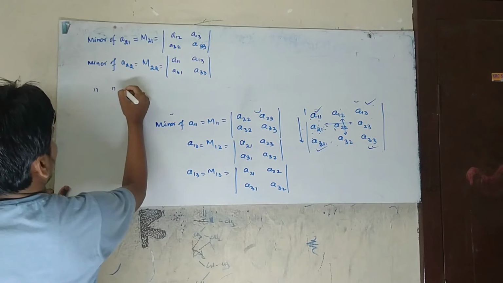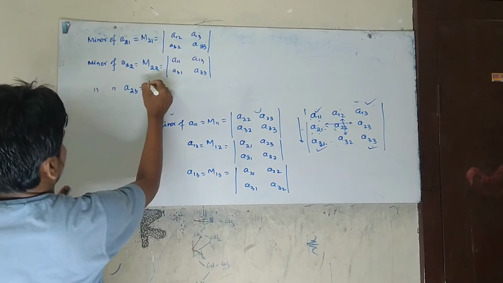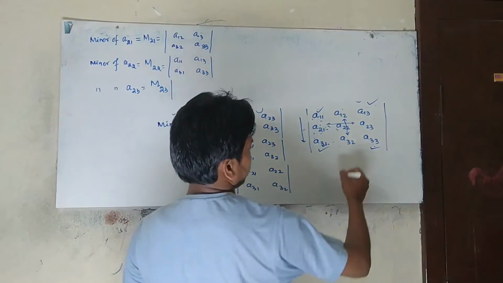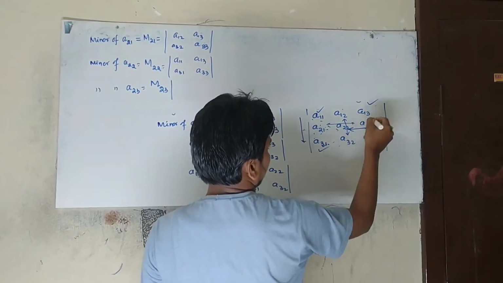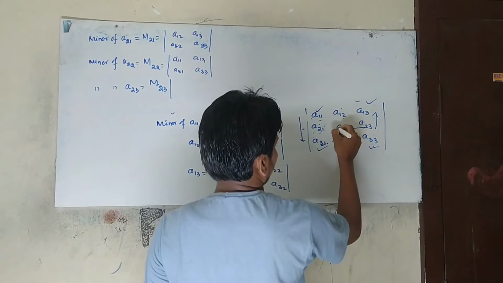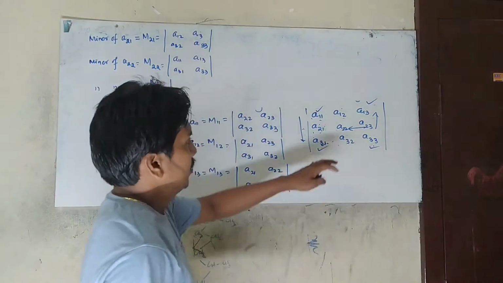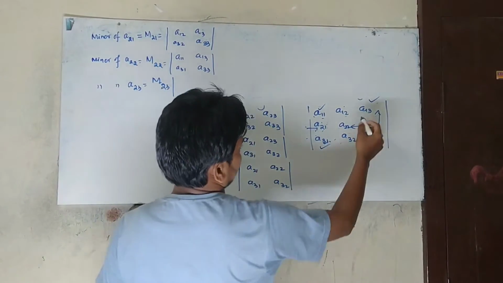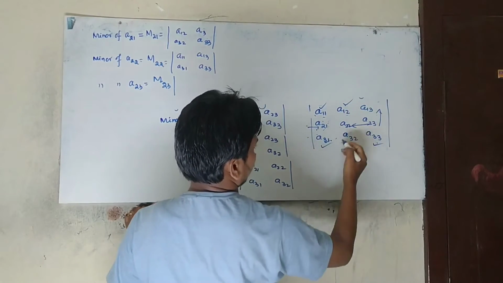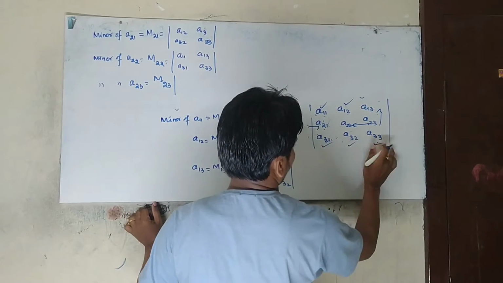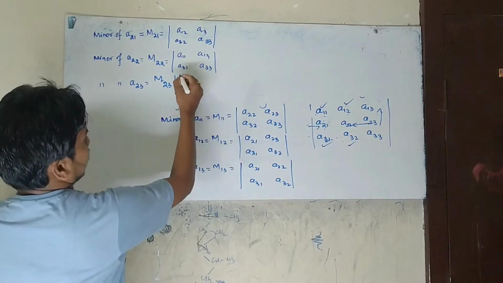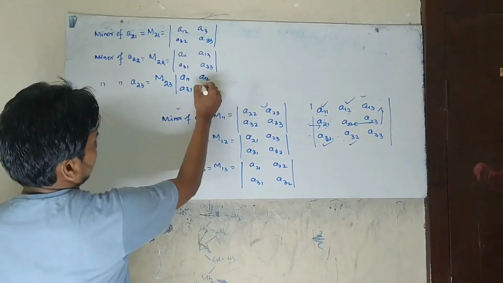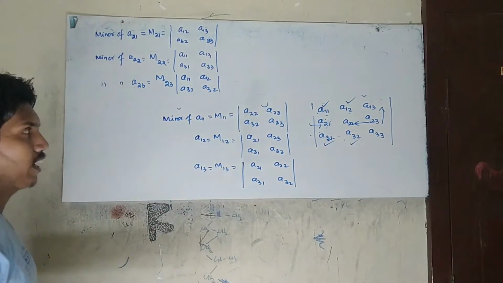Now the minor of A23, M23: you have to forget this row and this column. So the remaining four are A11, A12, A31, A32. Like that you can write.